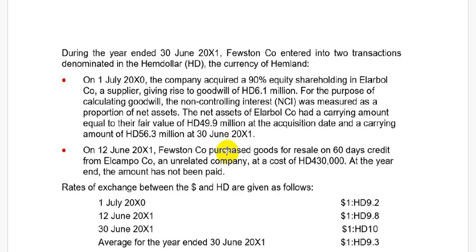Then at the end of the year, the liability should be retranslated as per IAS 21 to determine whether our liability has increased in value or has reduced in value.